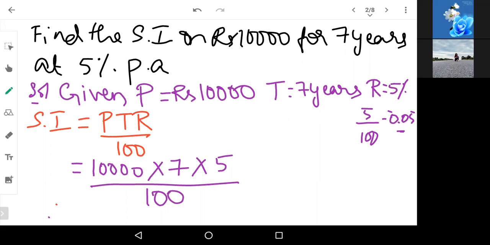Please understand this. This is where many of them will go wrong. If you take PTR directly, then you can take it as 0.05. Since you will stick to the formula, consider the rate as 5% directly. Did you all understand?